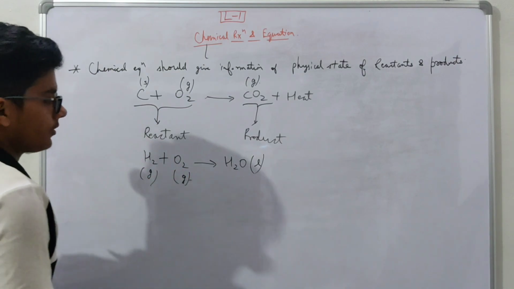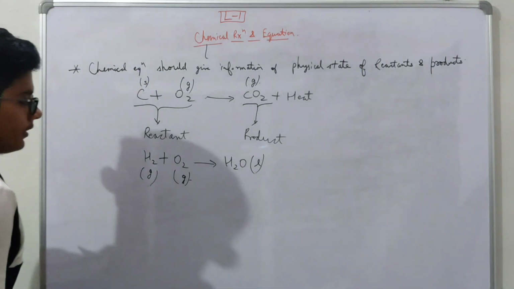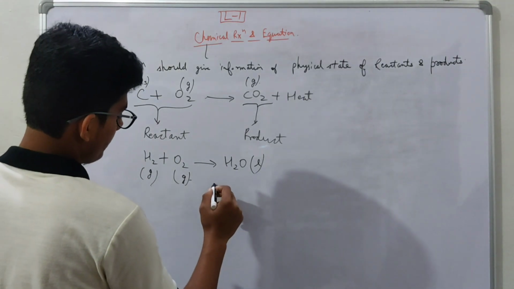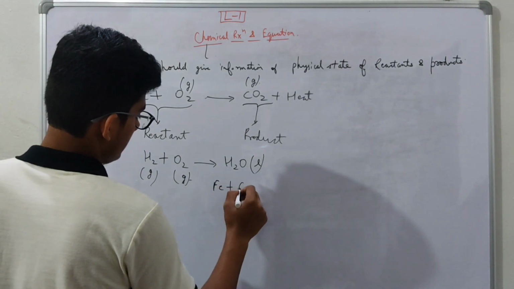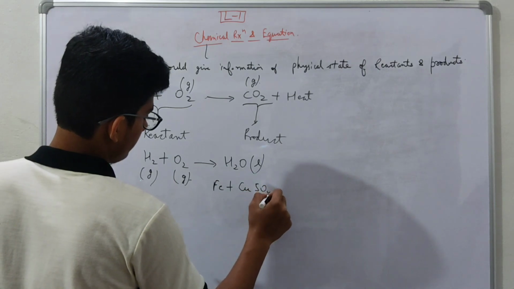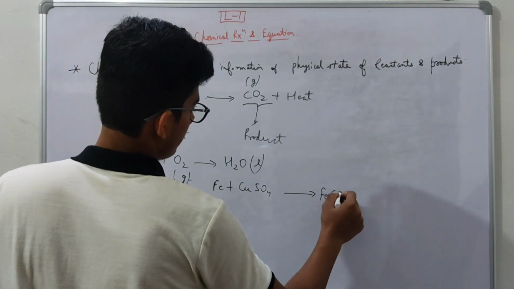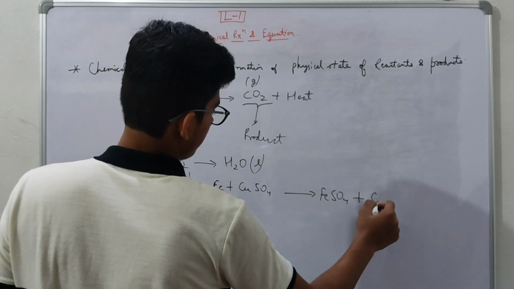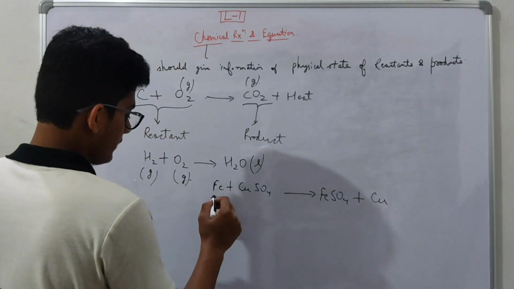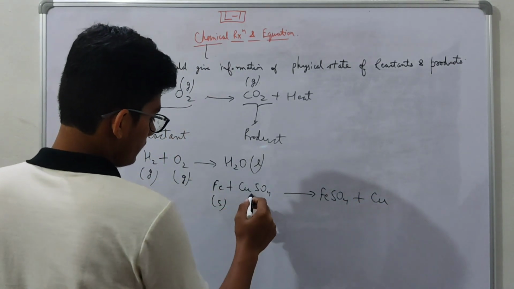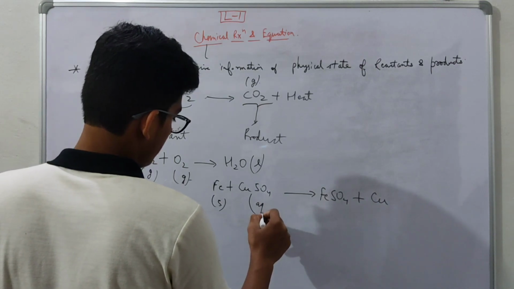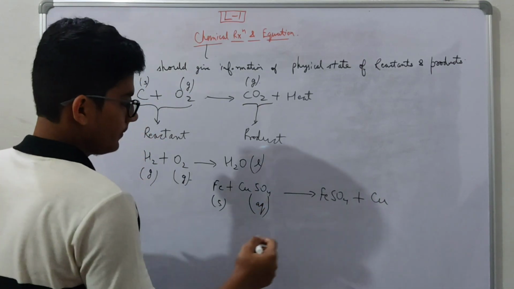Sometimes an aqueous solution is also required, like Fe plus CuSO4 gives FeSO4 and Cu. Here Fe is solid, but CuSO4 is an aqueous solution, so it will be shown by AQ.